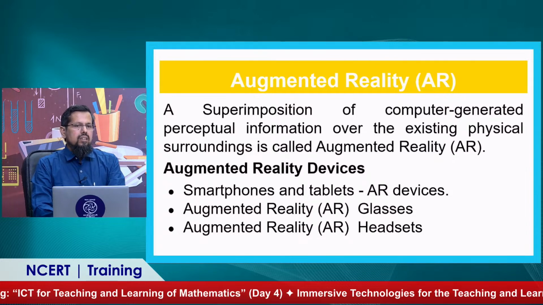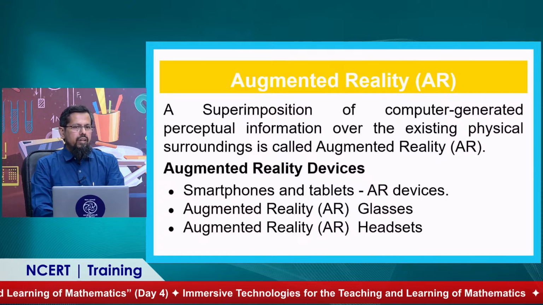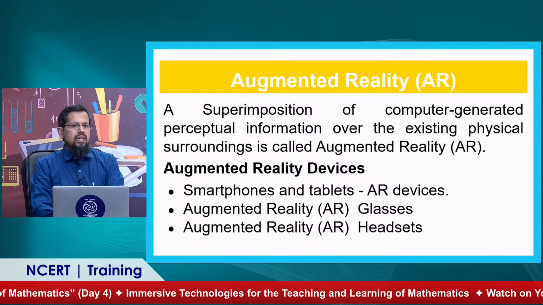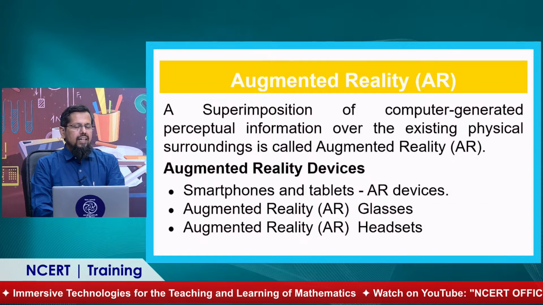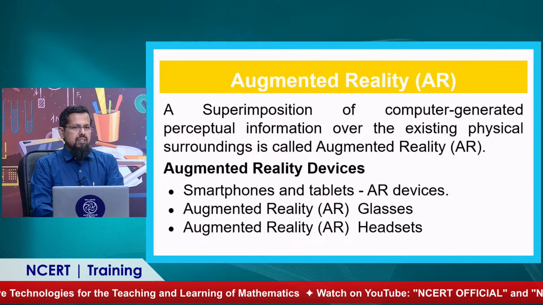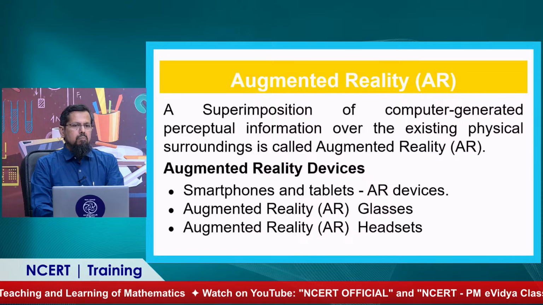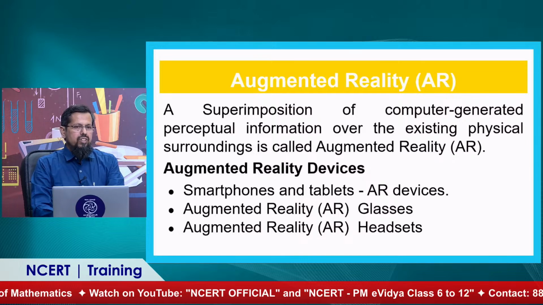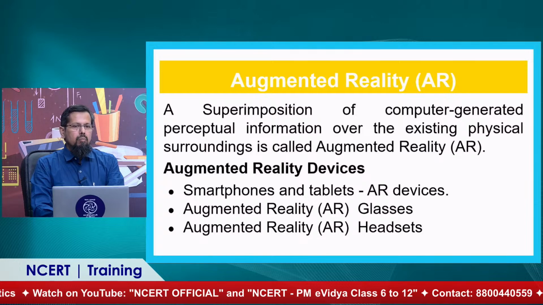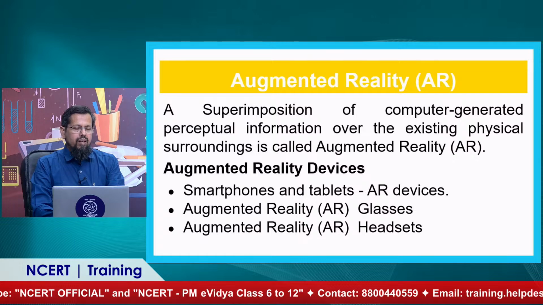Different devices can be used to create an AR environment, maybe smartphones or tablets, and we can also use AR glasses. Sometimes you can also see headsets used for this kind of augmented reality environment. So there are different devices.